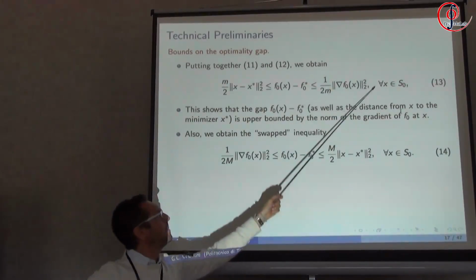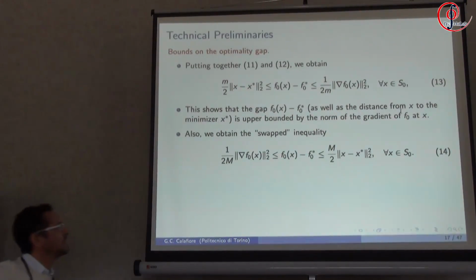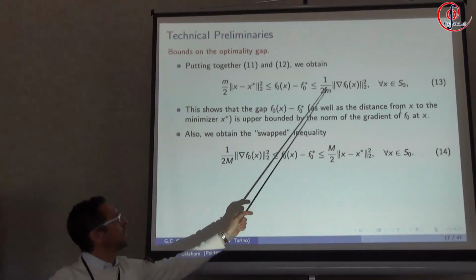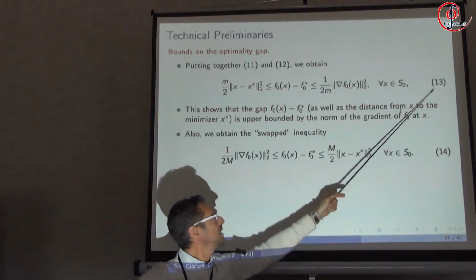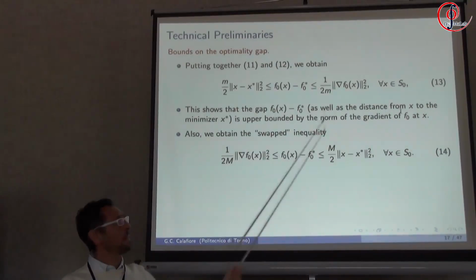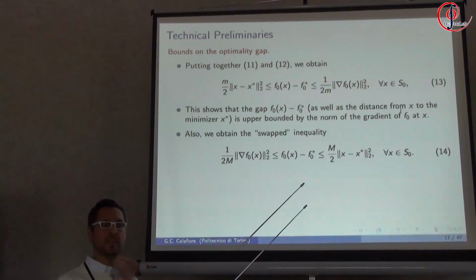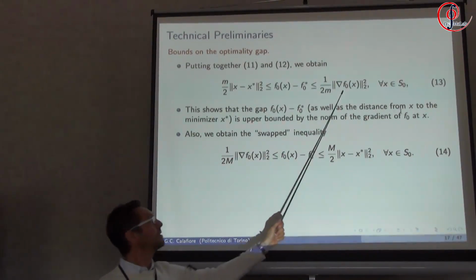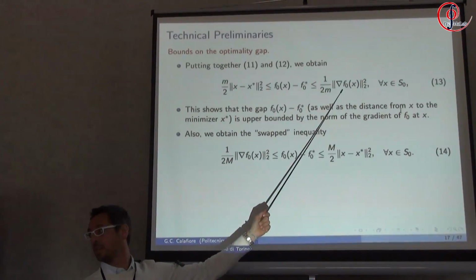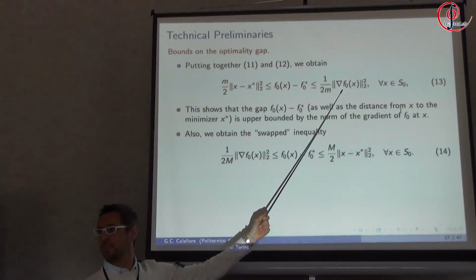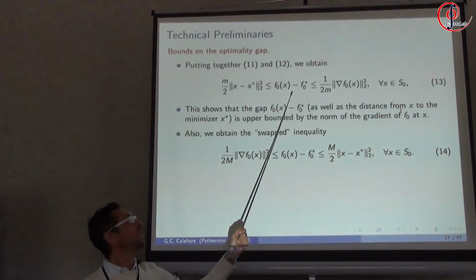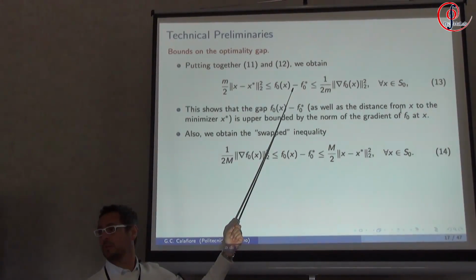This is maybe the key inequality that we use, because it says the following. If we look at equation 13, it says that if at a point the gradient is small, you see here we have the norm of the gradient, then we are close to being optimal. Okay? That's the key point.